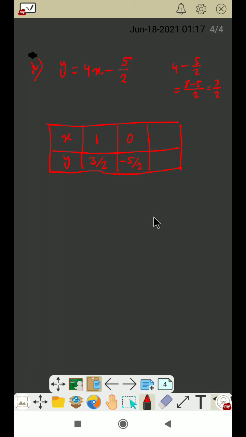Now if you put half in the place of x, then what will you get? 4 into half minus 5 by 2, that is 2 minus 5 by 2, that is 4 minus 5 by 2, that is minus half.